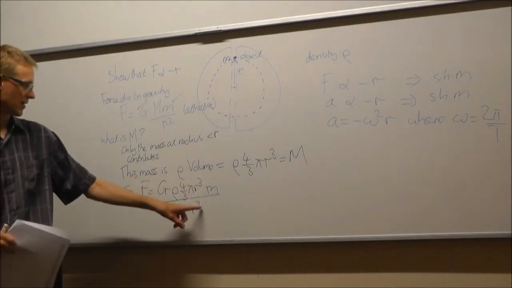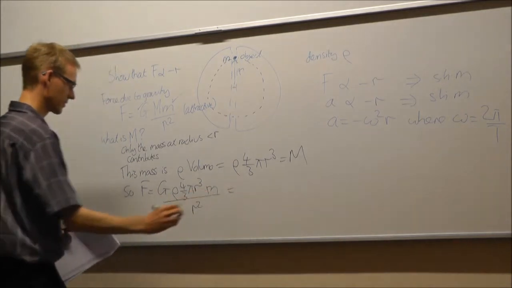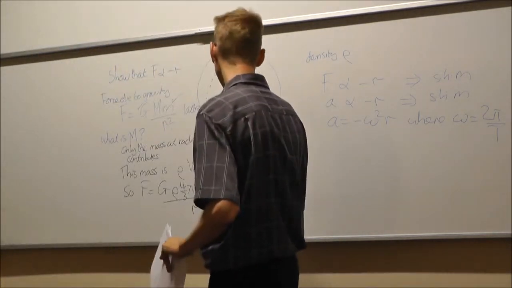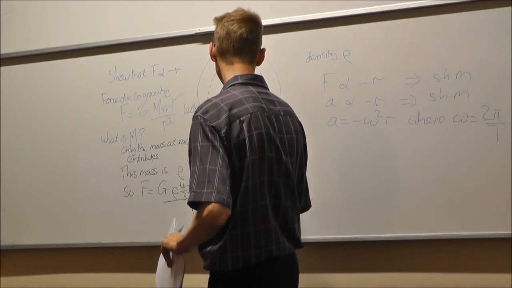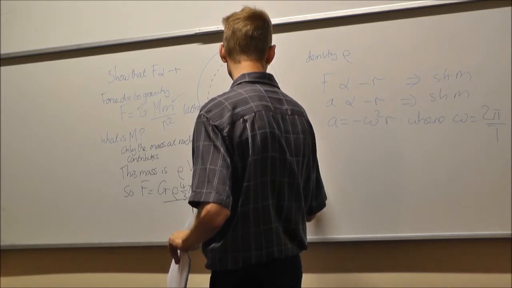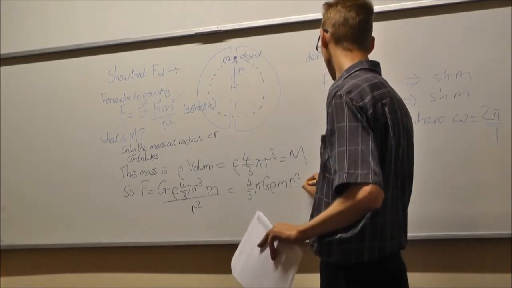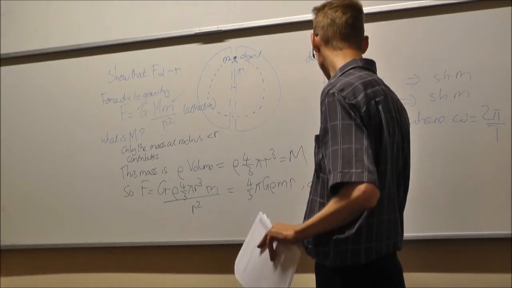and r cubed over r squared. This is where our r is going to come from. Let's just bring those constants out. So we've got 4/3 pi, we've got big G, we've got rho, we've got m, r cubed over r squared gives r, and it's attractive.